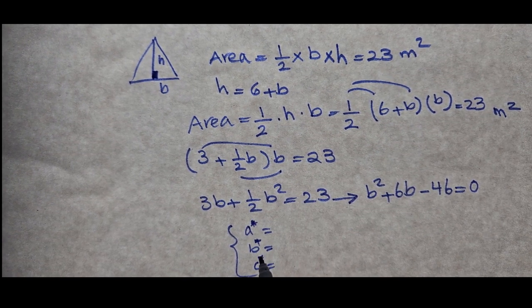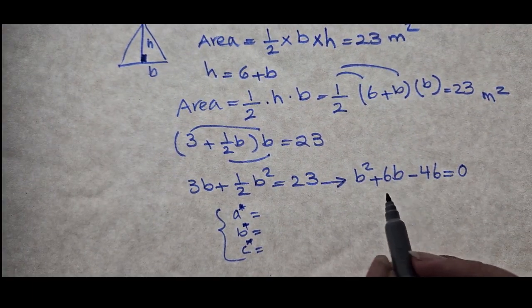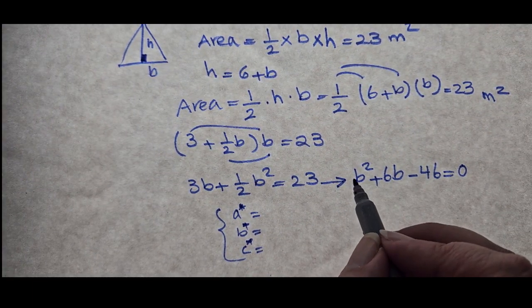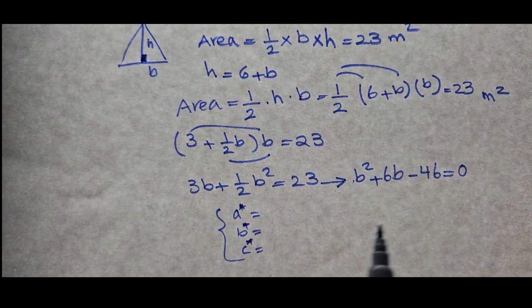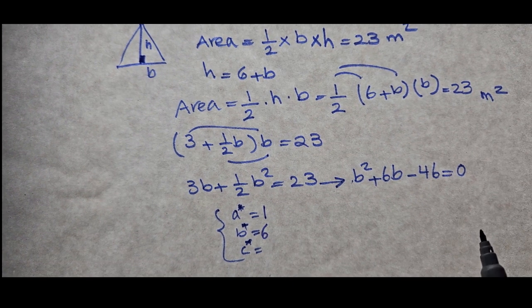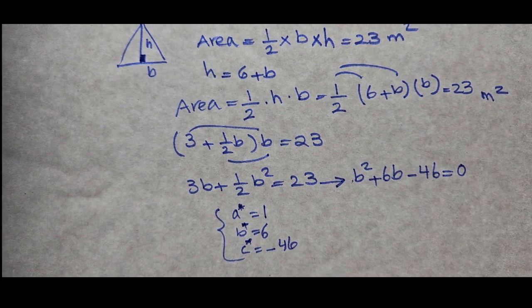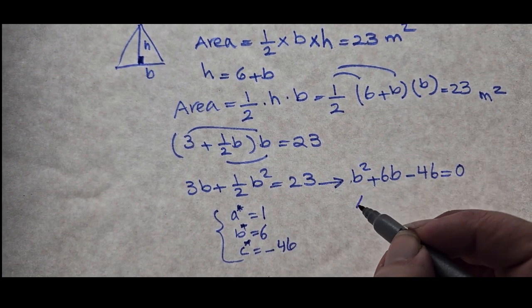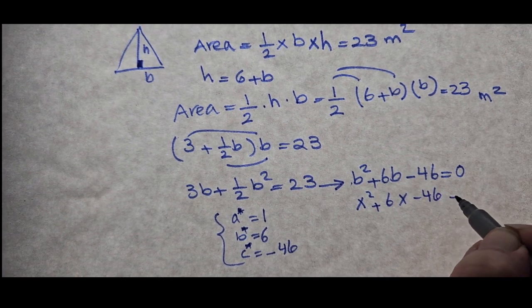So these are the a, b, c of the quadratic equation. So a is always the coefficient of the power 2. So here the a is 1, b is 6, okay, and c is negative 46. If it's confusing, you can consider this as x squared plus 6x minus 46.